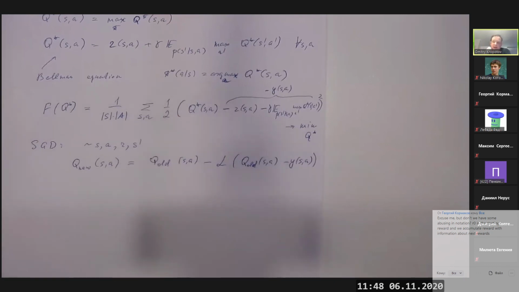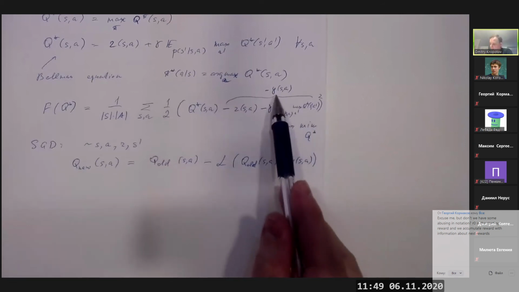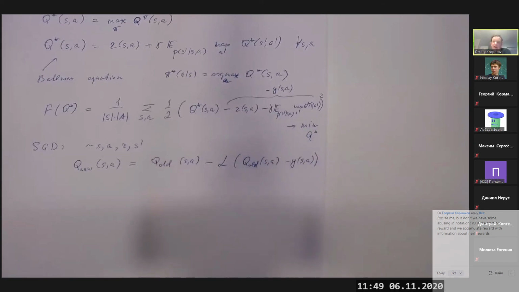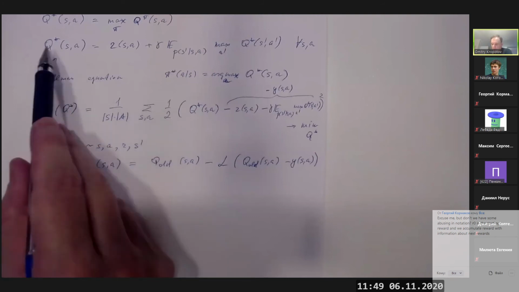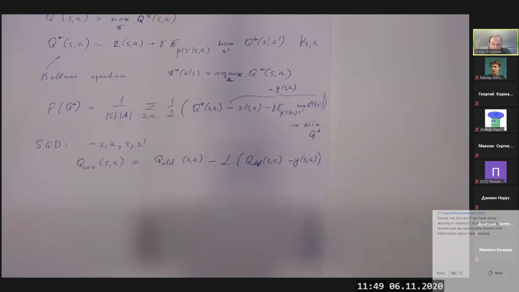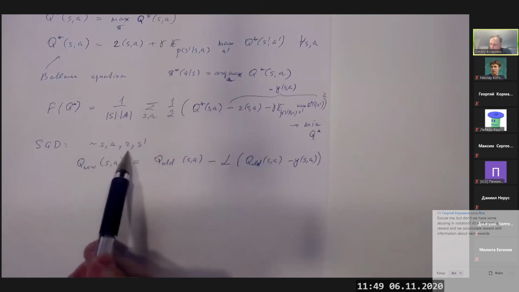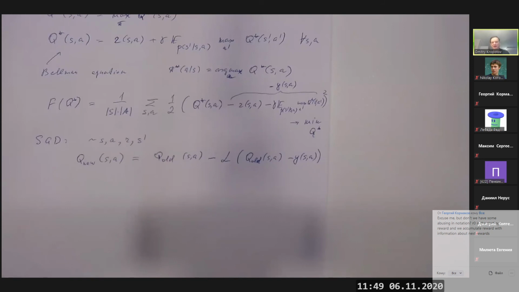Then we recalculate our target variables and again make some set of stochastic iterations, etc. It is possible to prove that this algorithm is guaranteed to converge to the optimal Q star function, even with this sampling procedure, with some requirements on the sampling. This sampling should be organized in such a way that we try all possible states and actions in the environment.